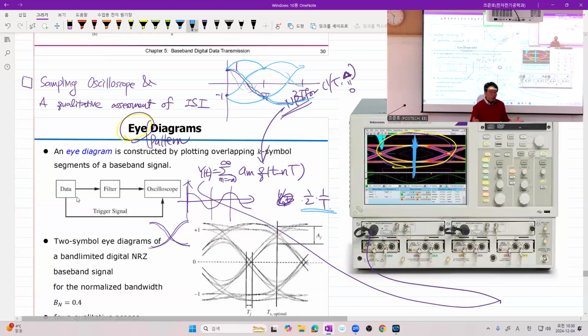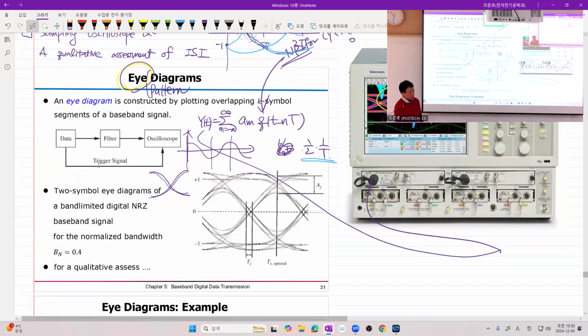And of course, people try to define some terminologies from the eye diagram. And there are many definitions, like some margin, blah, blah, blah. I'm not going to cover that. Okay? But anyway, the eye diagram, as our handout says, is constructed by plotting overlapped K symbol segments of a baseband signal, especially if we connect here, this must be real baseband.